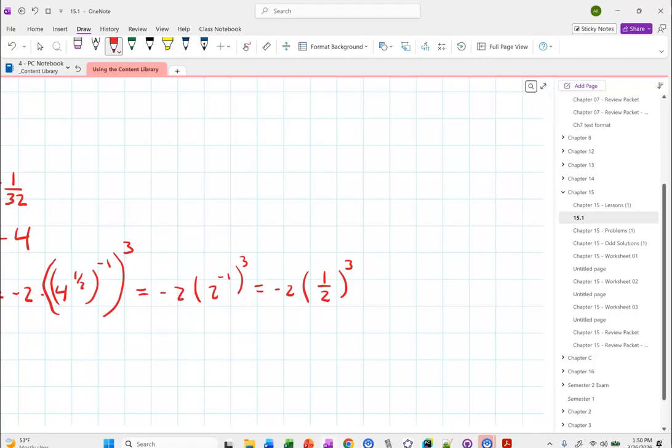And then how do I do the exponent of a fraction? Exponent of the top and exponent to the bottom?